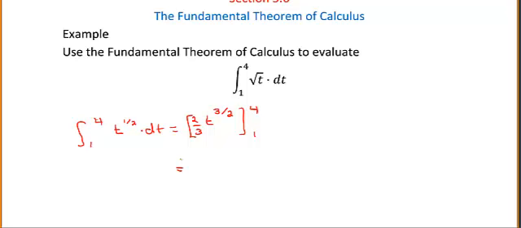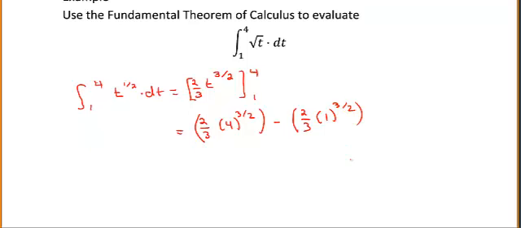So I'm first going to take the value of this at 4. This would be 2/3 times 4 raised to the 3/2, minus 2/3 times 1 raised to the 3/2. To raise something to the 3/2, the half means I'm taking the square root.